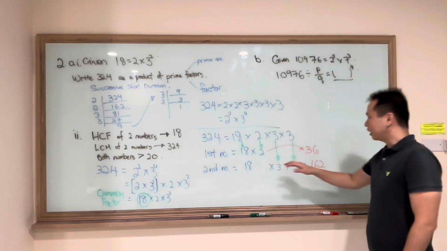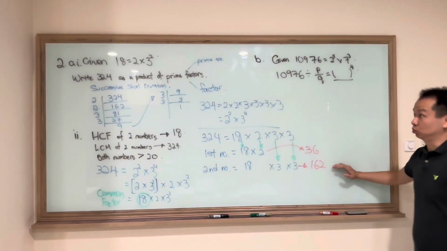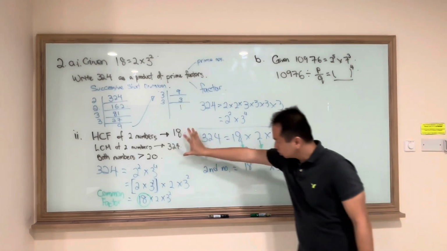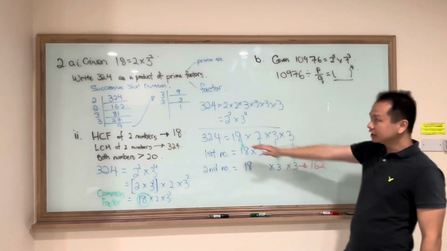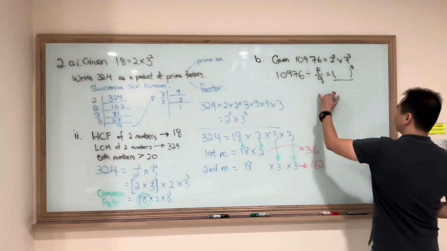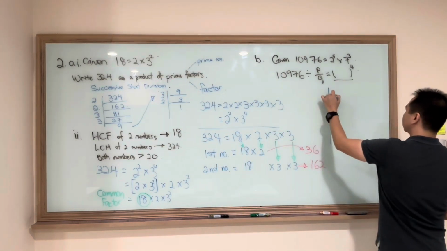Now we have these two answers, 36 and 162. So how do we check whether these two numbers fit our criteria? By using the successive short division. We are going to use that method and find out.